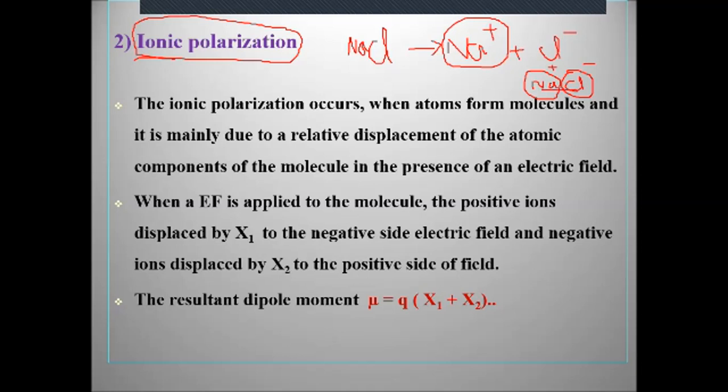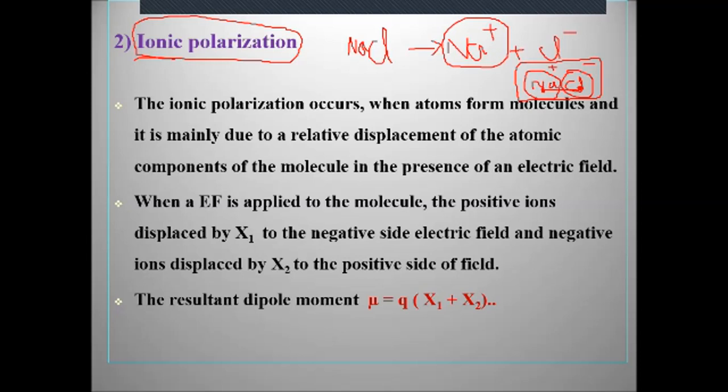This is the center of the Na plus ion, and this is the center of the Cl minus ion. This is the schematic representation of Na plus and Cl minus ions.